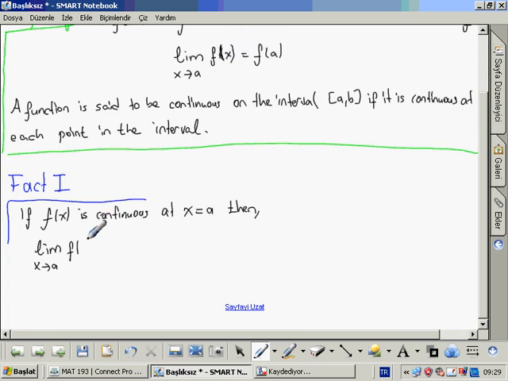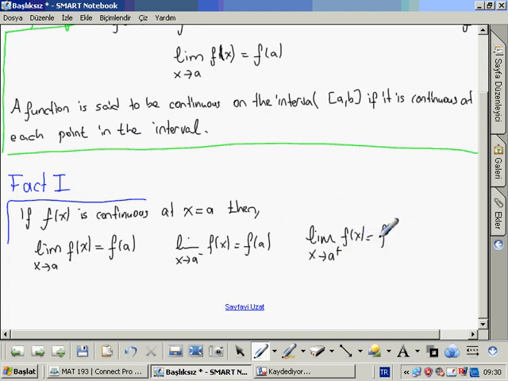This part is f of x, okay. f of a equals f of a, and the limit as x approaches a from the left hand side of f of x equals f of a, and of course the limit as x approaches a from the right hand side of f of x equals f of a. Okay, and what can we say about that fact?